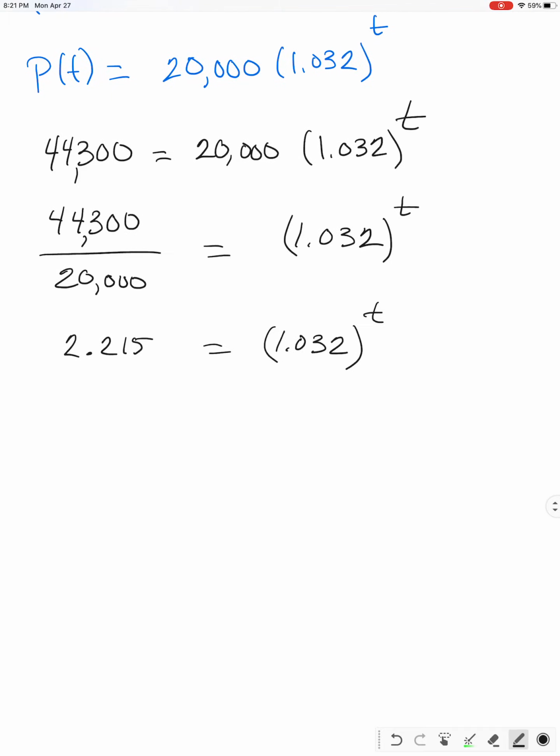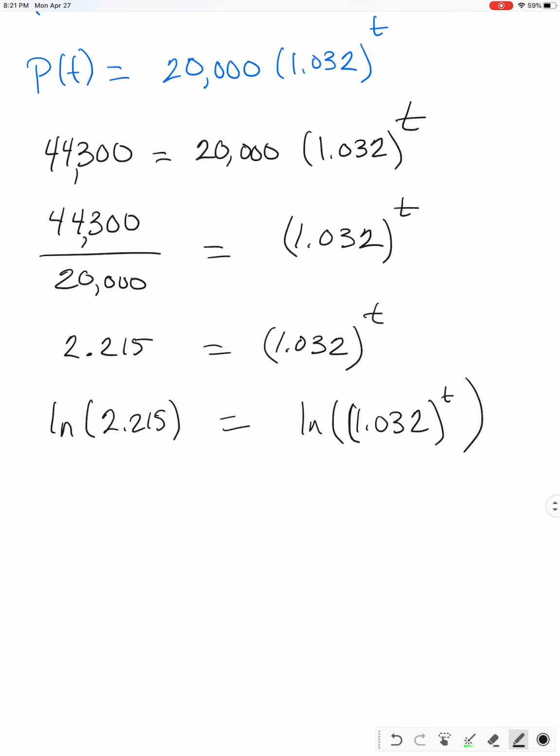Now I can solve this by taking the natural log of both sides. The natural log of 2.215 equals the natural log of 1.032 raised to the t. So how do I solve this? The natural log of 2.215 equals t times the natural log of 1.032.